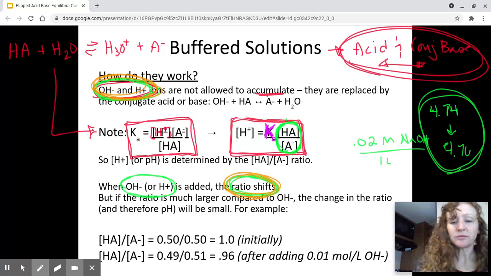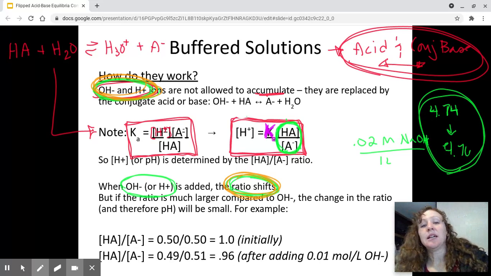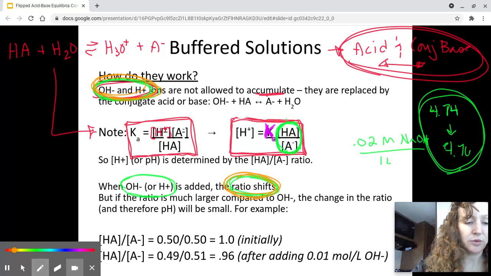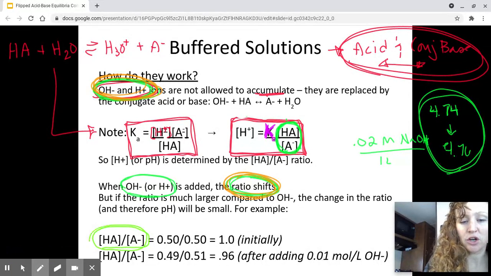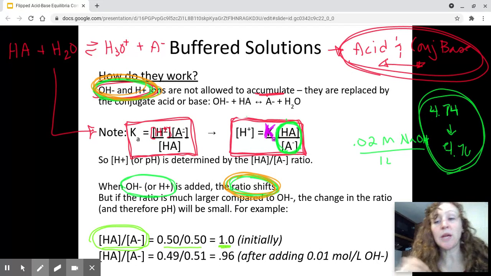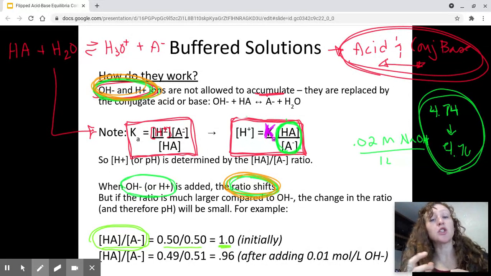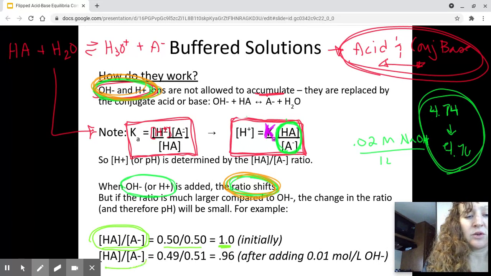right? So notice down here, again, returning to this idea of mathematically why buffered solutions work. Look down at the bottom of the page. Notice initially our ratio was 0.5 over 0.5, which was a 1. Once we added the sodium hydroxide and it was consumed by the solution, the solution shifted, and we had a ratio of acid to conjugate base that was 0.96.